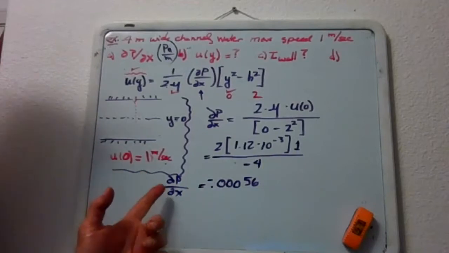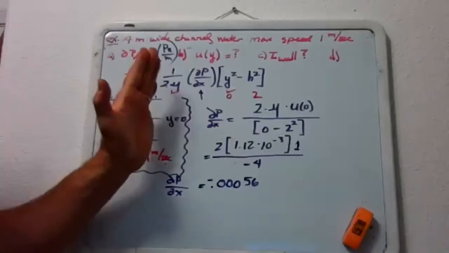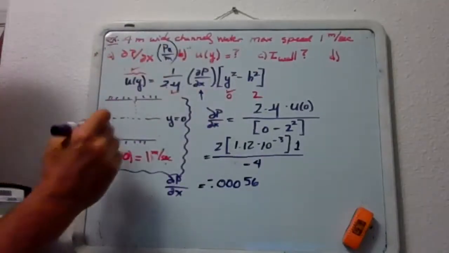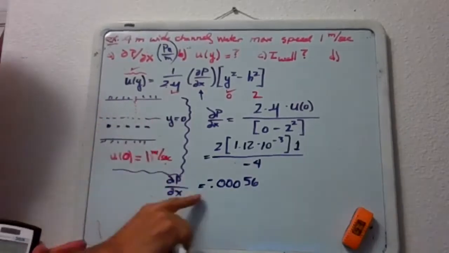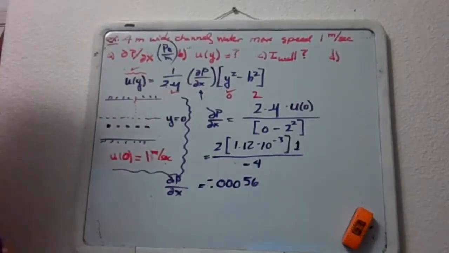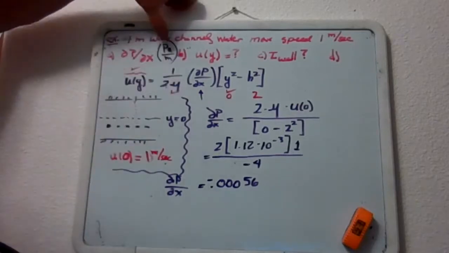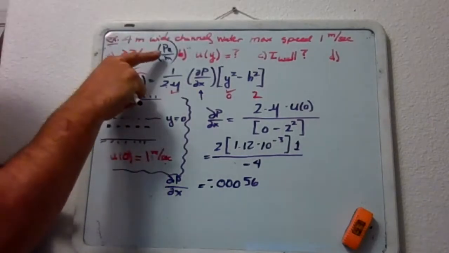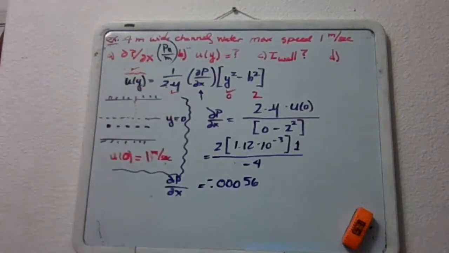So what is this saying? dp/dx stands for the rate the pressure changes as I move in the positive x direction, which is assumed to be that way. So as the water goes down this way, it's losing pressure. How about units? I claimed we wanted pascals per meter, and that should make sense. That would stand for how much pressure drop there is per meter length we go that way.